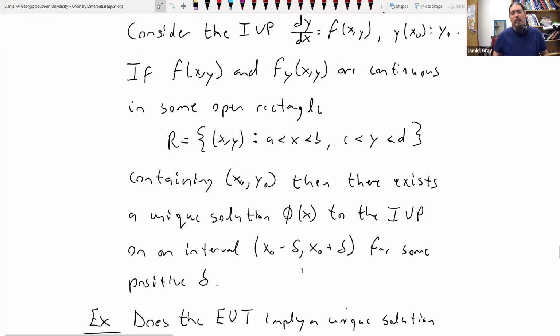This is basically just saying that there is some interval on which there exists a solution to the initial value problem, and that interval contains x0. That's all that's saying.